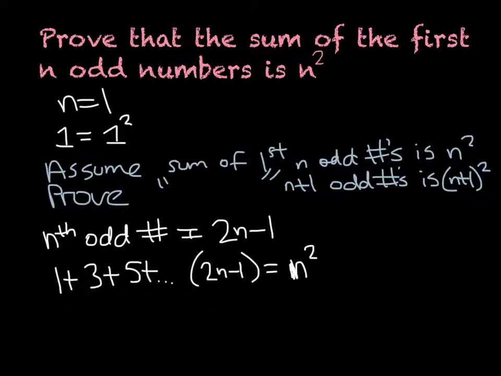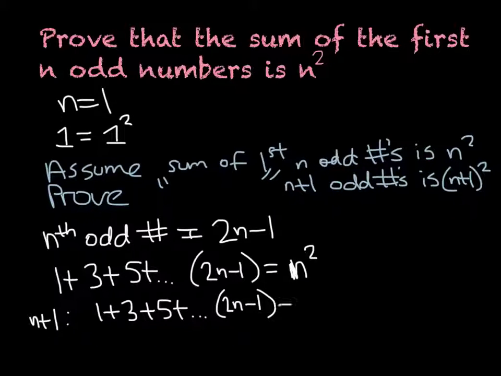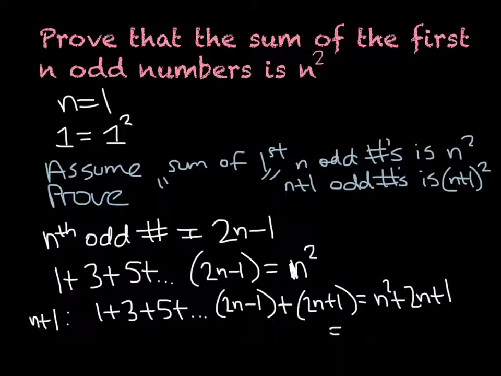Now what if we take the first n plus 1 odd numbers? Then we're adding 1 plus 3 plus 5 all the way down until we're still going to have 2n minus 1, and then we'll have a 2n plus 1. So that would equal n squared plus 2n plus 1. But now if we factor that, then that's just equal to n plus 1 squared, which is what we were trying to prove in the first place.